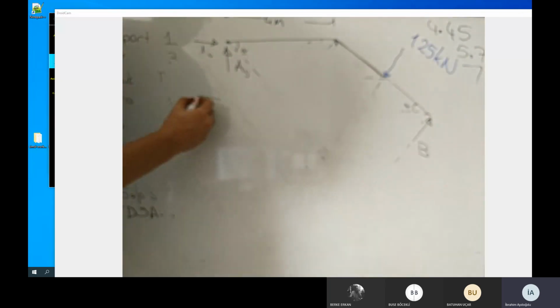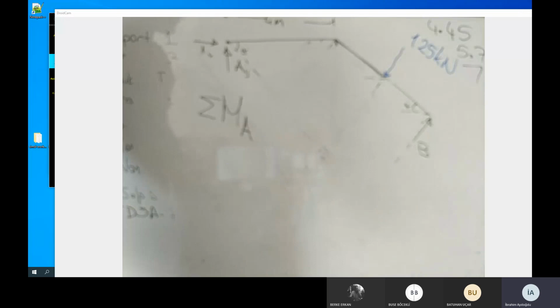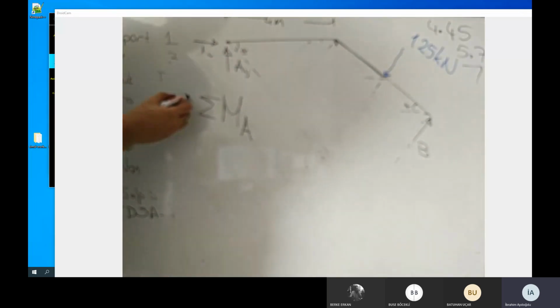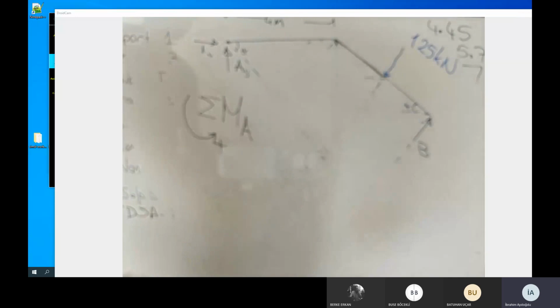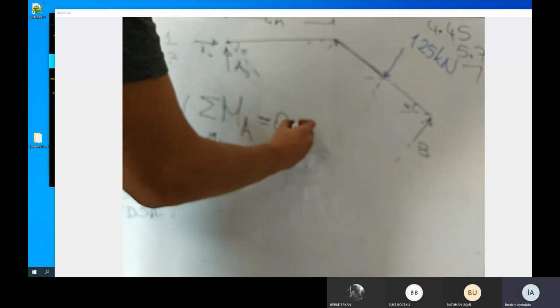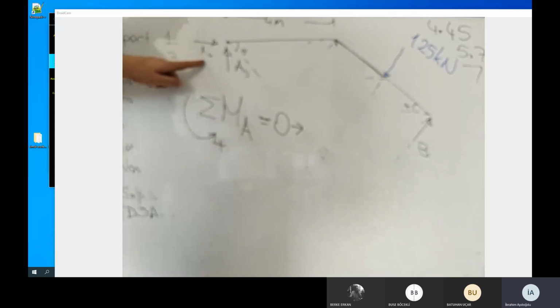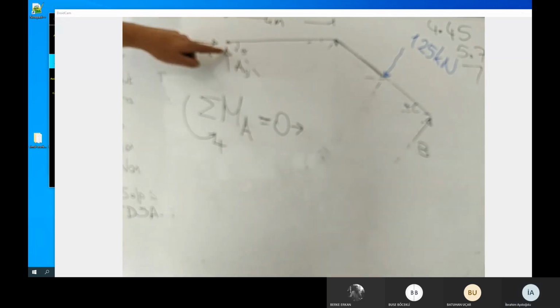Let's continue the formulation. Sigma M_A equals 0, and I take the counterclockwise direction as positive. I said A_X and A_Y forces generate no moment, therefore I don't need to write the moment of these forces.